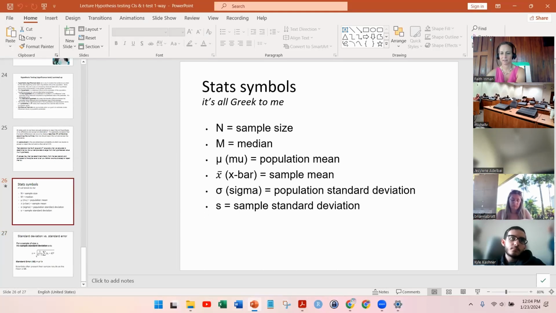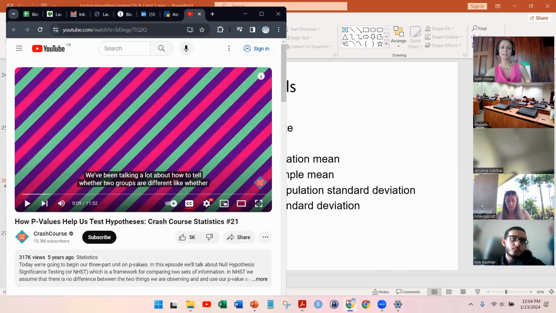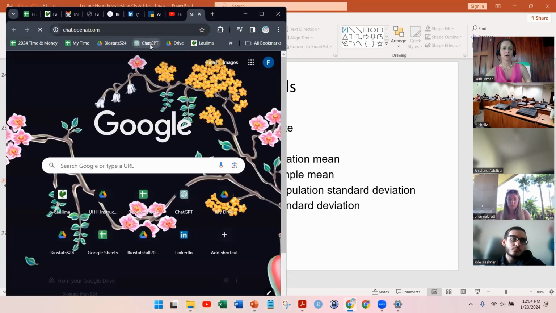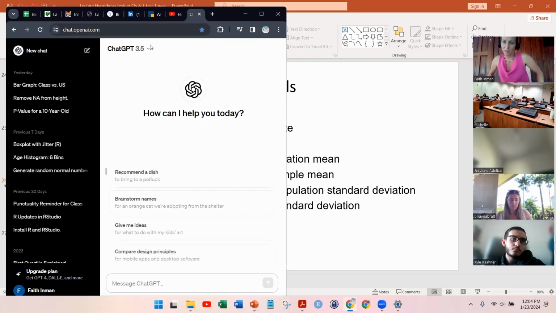And do you think it would be useful to show them the explain to a 10-year-old? Potentially? Yeah. Let's try explain to a 10-year-old. Does anyone have more questions about p-values, hypothesis testing?